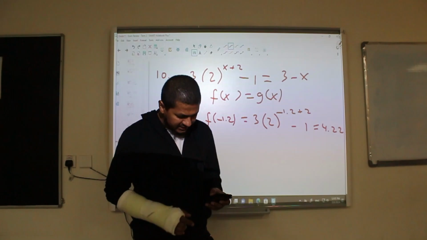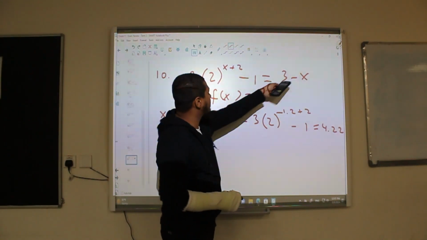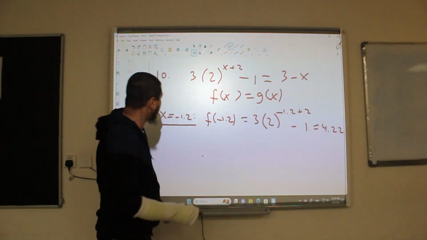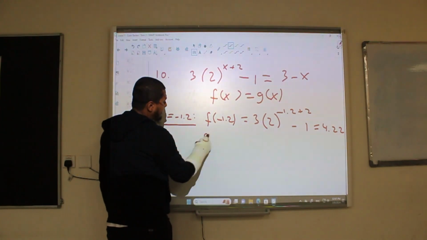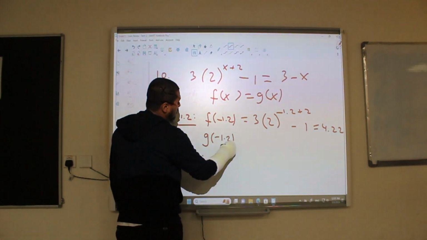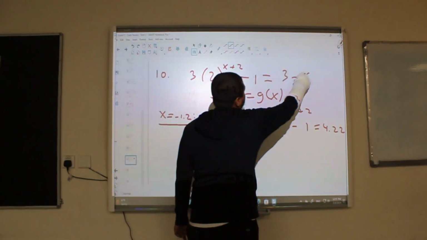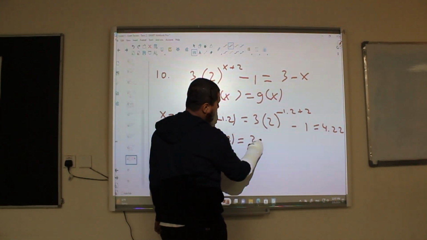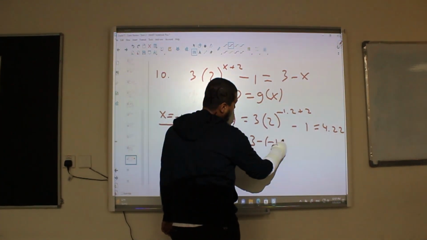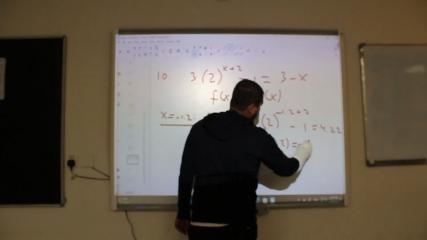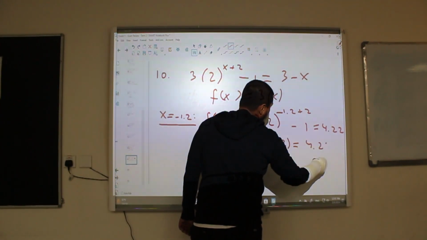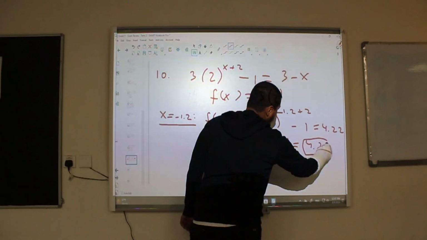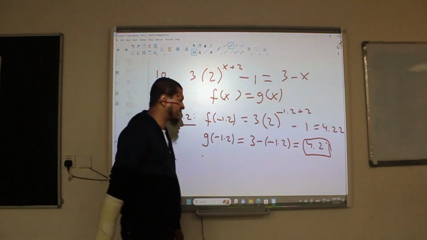And now I substitute the same value of negative 1.2 into the g of x function, 3 minus negative 1.2. I'm getting an answer of 4.2. So I can see that this answer and the answer above are approximately the same.